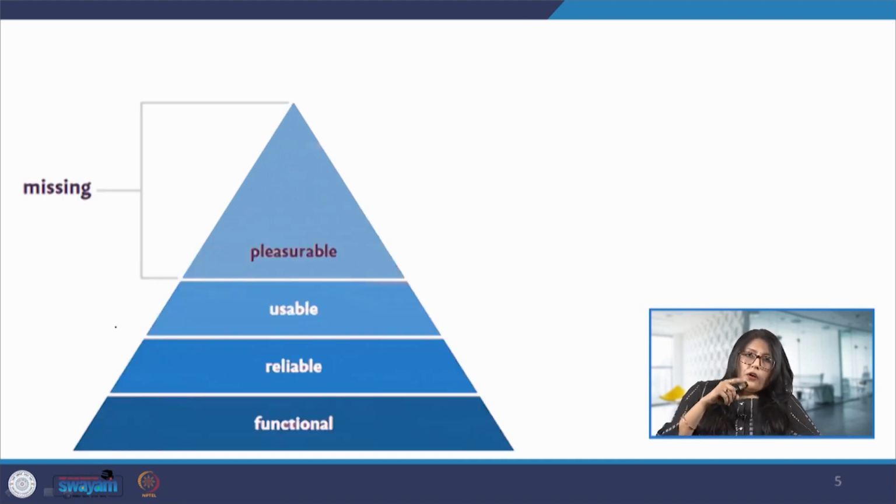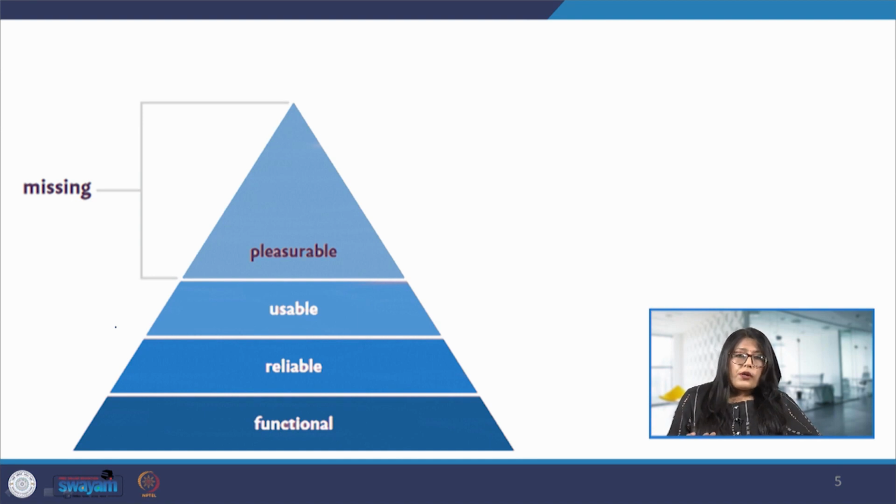Now, when we look at Maslow's approach, we can understand it from the perspective of designing interfaces. The bottom three needs that we see here are functional, reliable and usable.